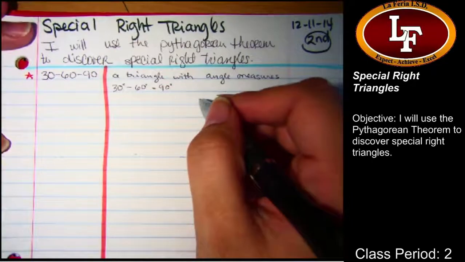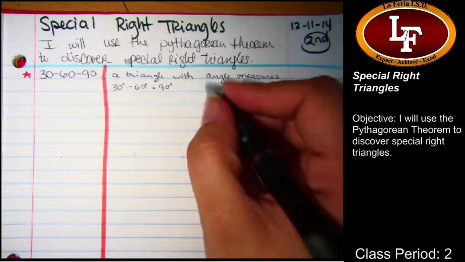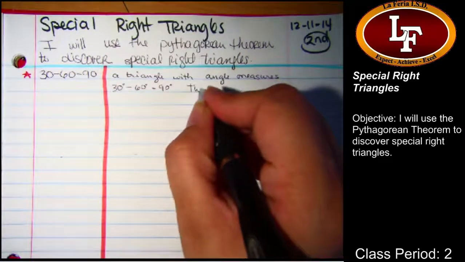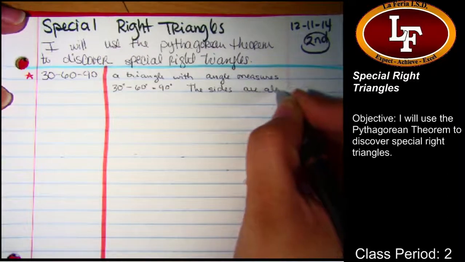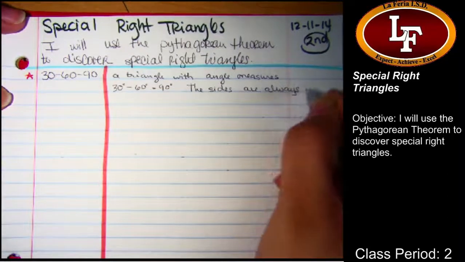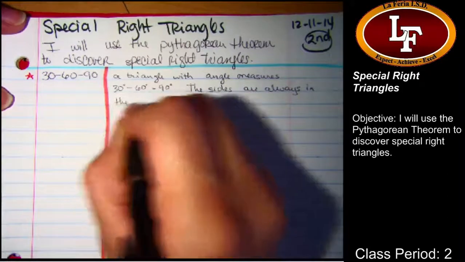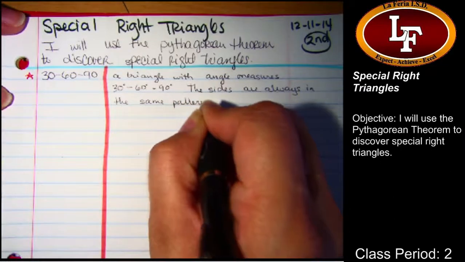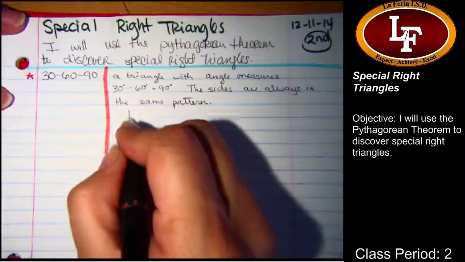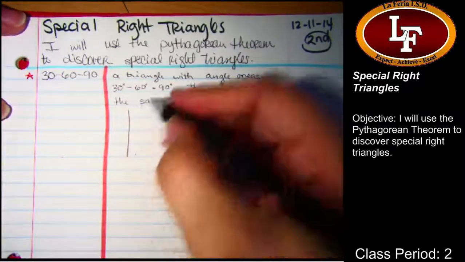And the really special thing about this triangle in particular is that the sides are always in the same pattern. And here is the pattern. It's almost like a shortcut using this pattern.